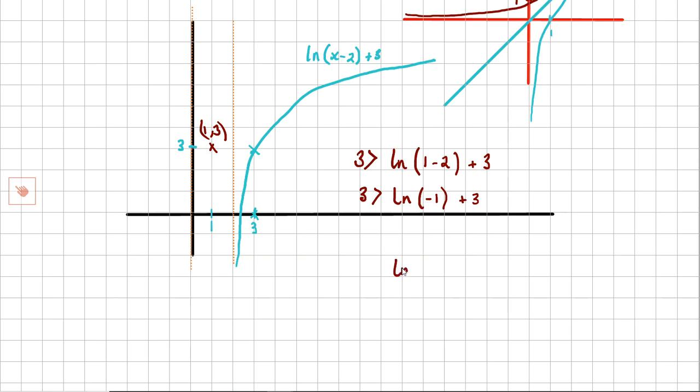Let's say that's my x, I need to figure out its value. So e to the power of x is equal to -1. It says the natural log of -1 is not a real calculation.